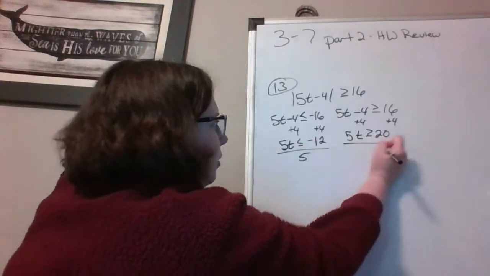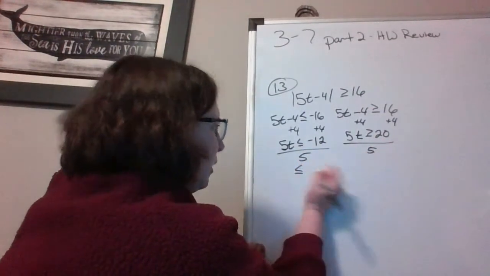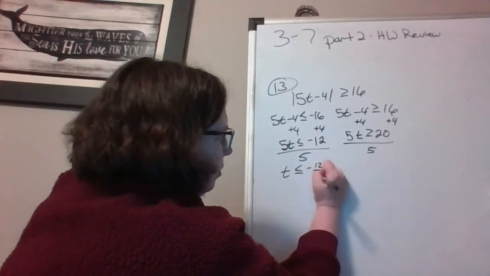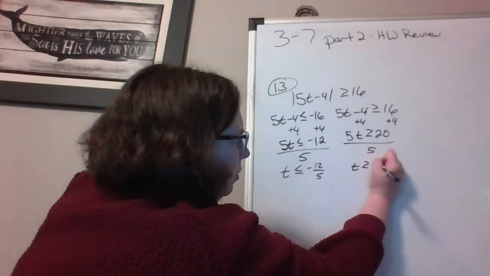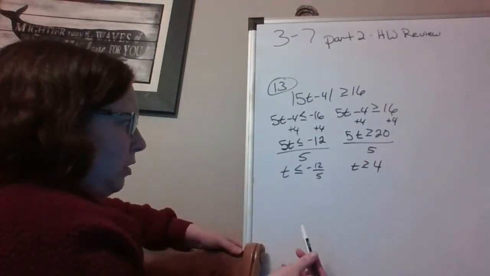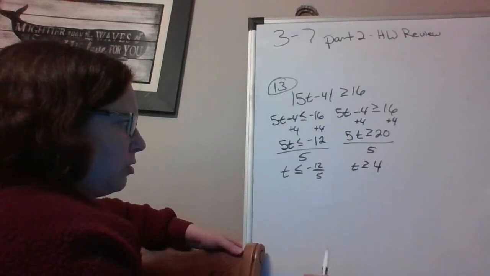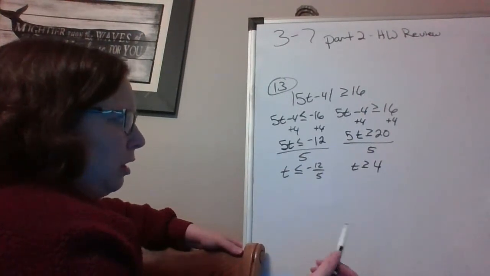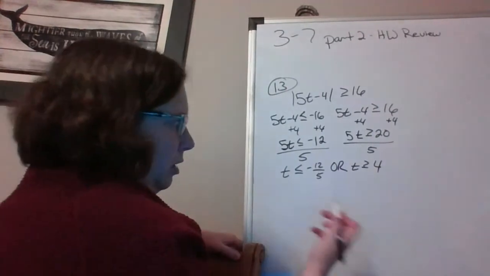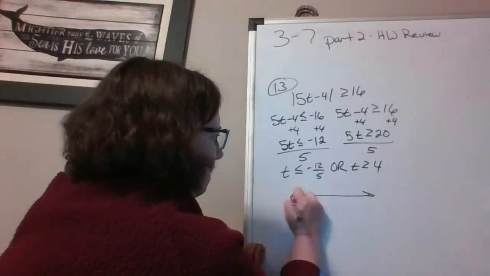And we're going to divide by 5 everywhere. So we have t is less than or equal to negative 12/5, or t is greater than or equal to 4.